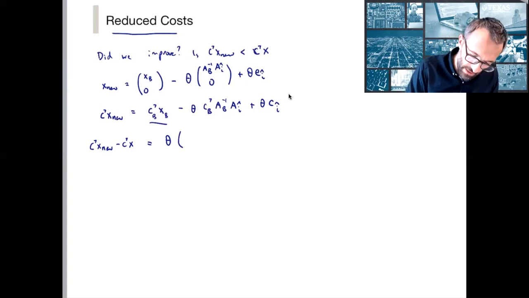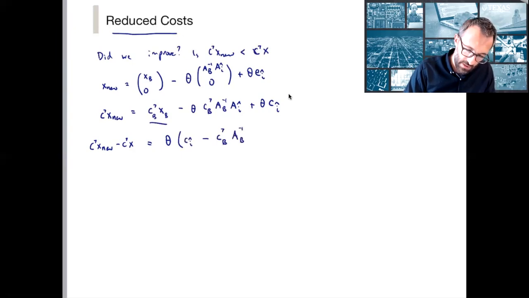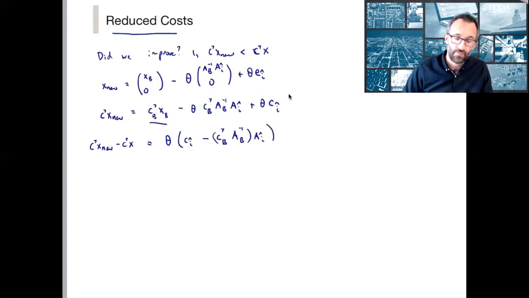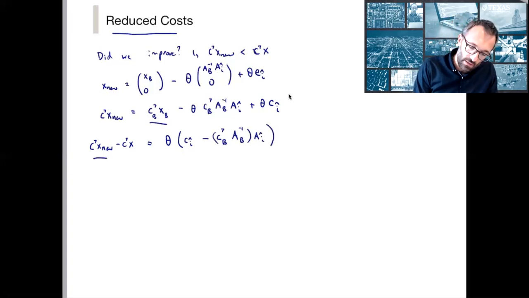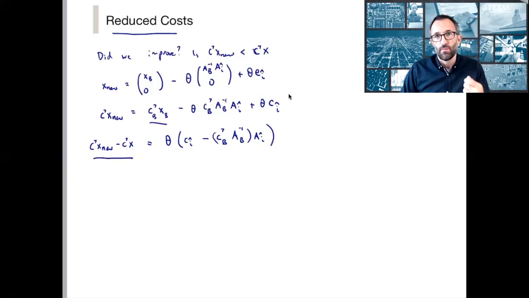And that is going to be c i hat minus cB transpose AB inverse times A i hat. So what is this? This tells me the rate of decrease, how much I improve if I go in the i hat direction.